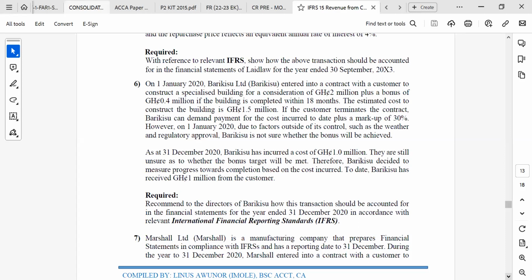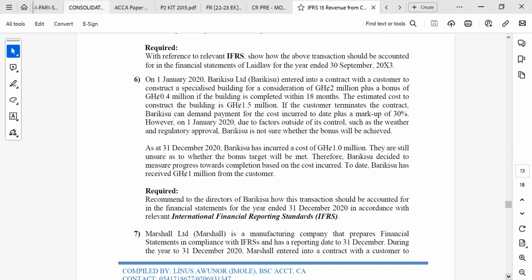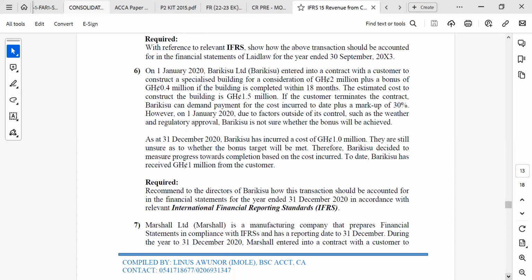Okay, let's take the question 6 at least, because the things that I have, they are not plenty. I have incremental costs after winning a contract and the sell and repurchase. Okay, those are the things that I have right now. So let's pick plenty questions on this one. So let's take the question 6 first.